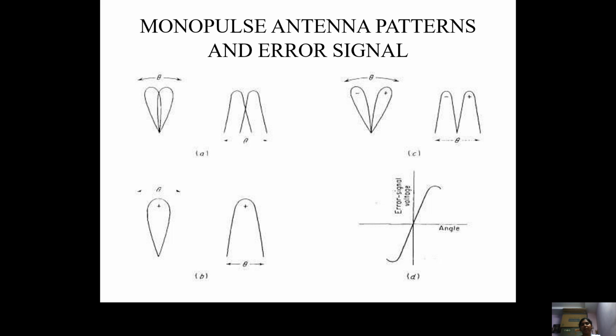Coming to the right-hand side figures, the first figure represents the two overlapping patterns in two coordinates, in the x and y plane. The bottom figure represents the sum of the two overlapping patterns, whereas the third figure represents the difference of the two antenna beams in two coordinates.